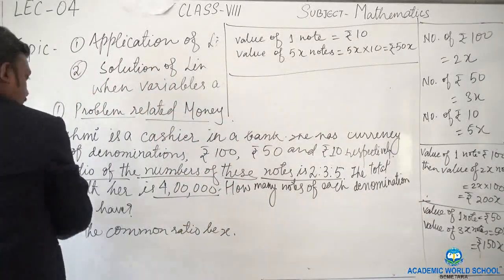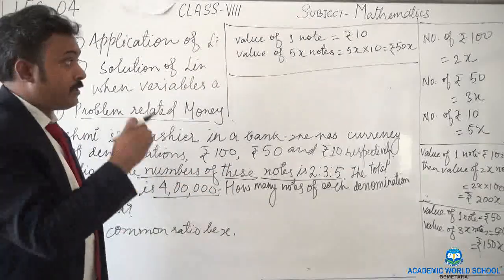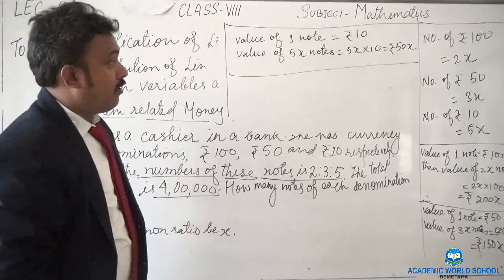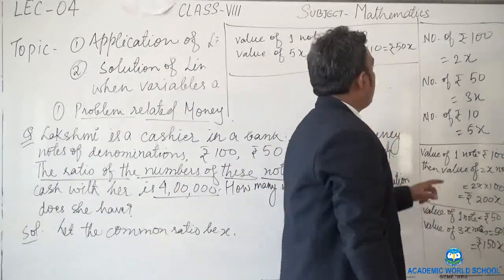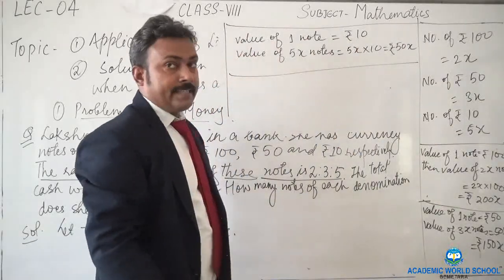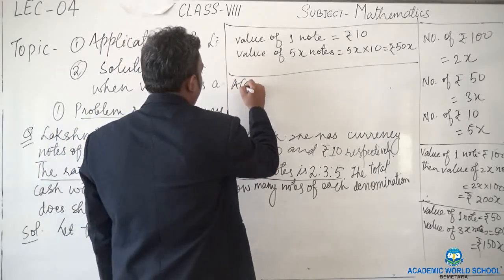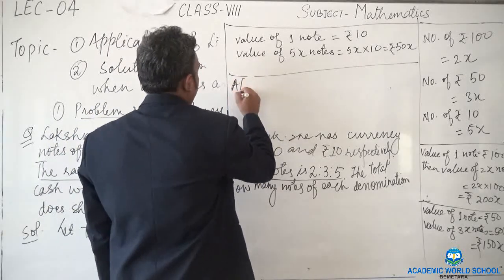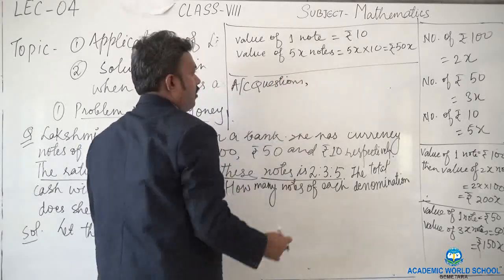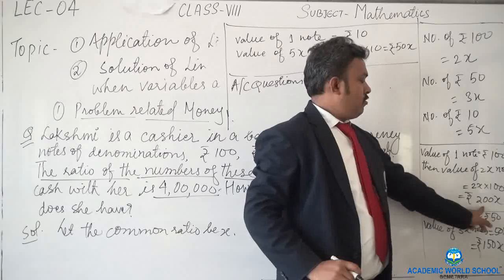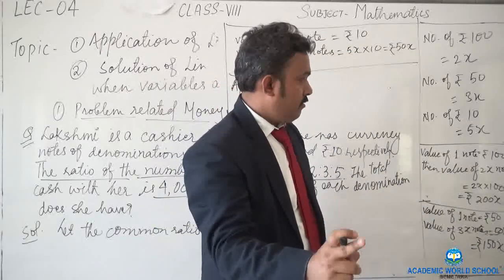Now see this question. The total cash with her is 4 lakh rupees. Means if we add rupees 200x, rupees 150x, rupees 50x, that will be 4 lakhs. So we write here according to the question.